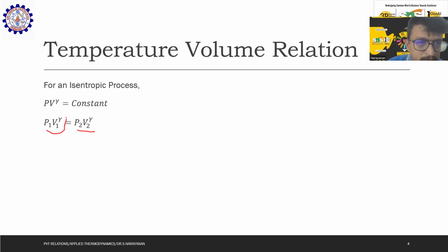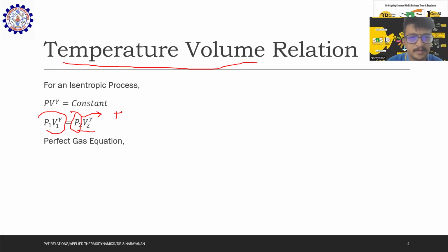We need the temperature-volume relation, so we have to replace pressure with temperature. For that, we are going to employ the perfect gas equation, that is PV equal to mRT. This is the perfect gas equation.